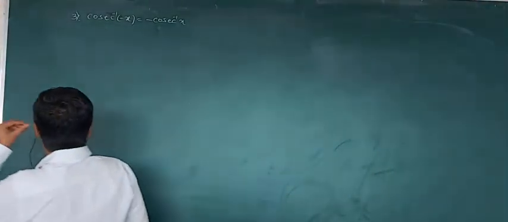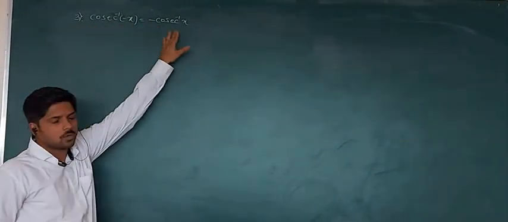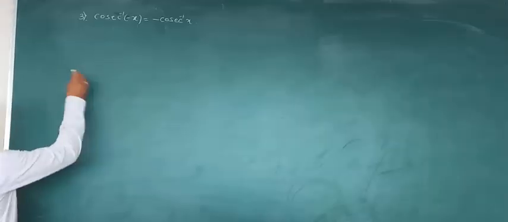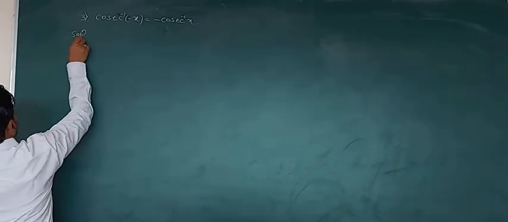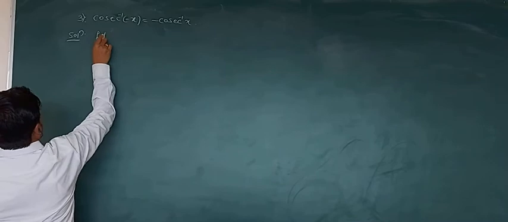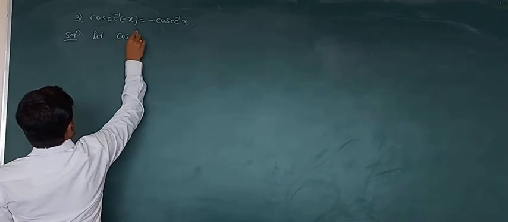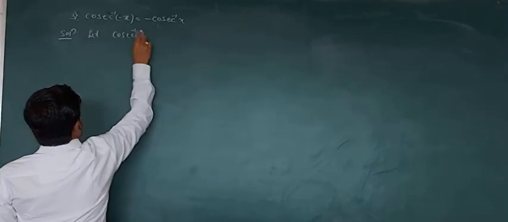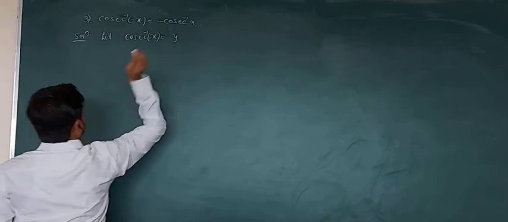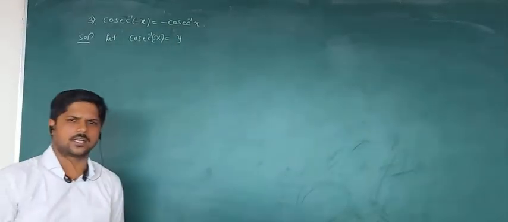So consider the next example. Prove that cosec inverse of minus x equal to minus cosec inverse x. Solution of this example. Consider LHS. Cosec inverse of minus x is equal to y. Or you can consider theta also. Okay.